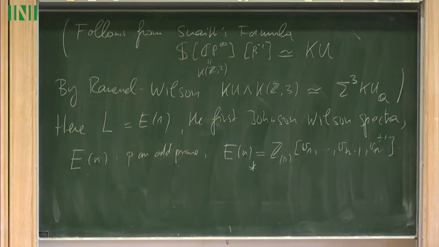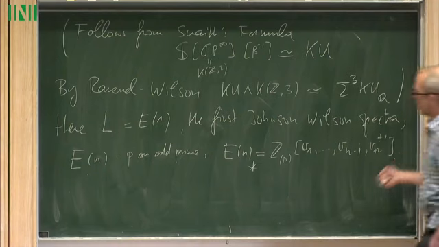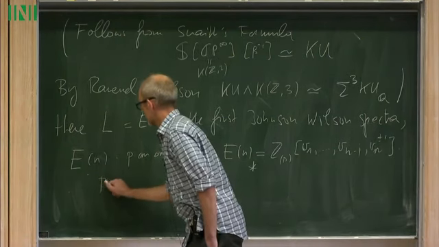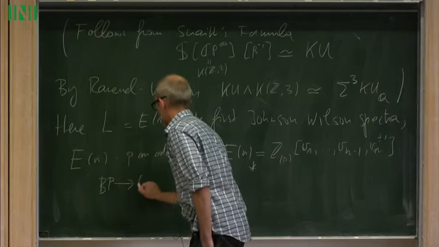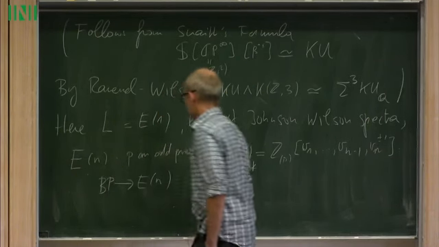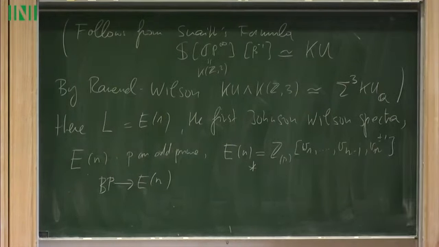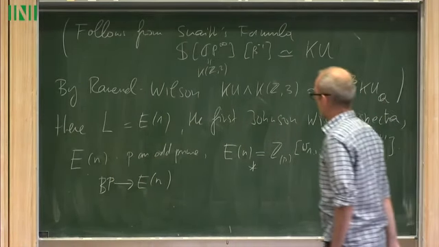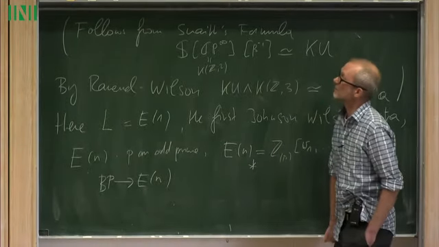So these are the Johnson-Wilson spectra that can be constructed with a complex orientation, given as a map from BP to E(n) as ring spectra.